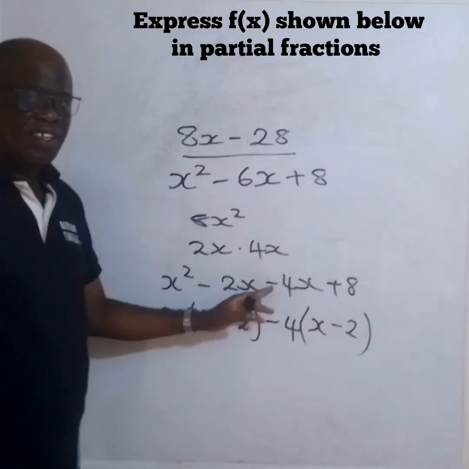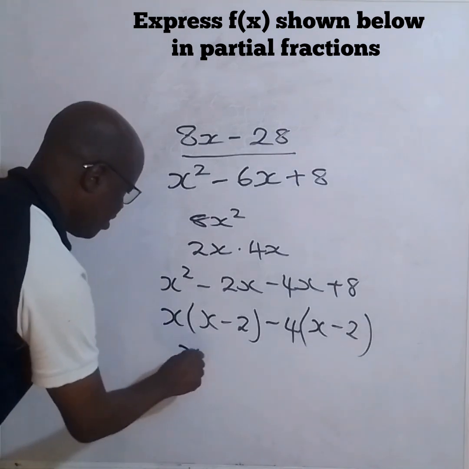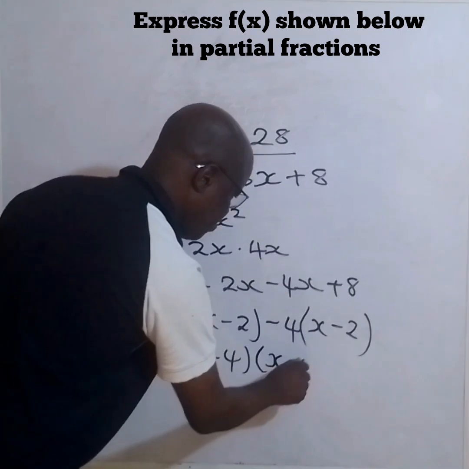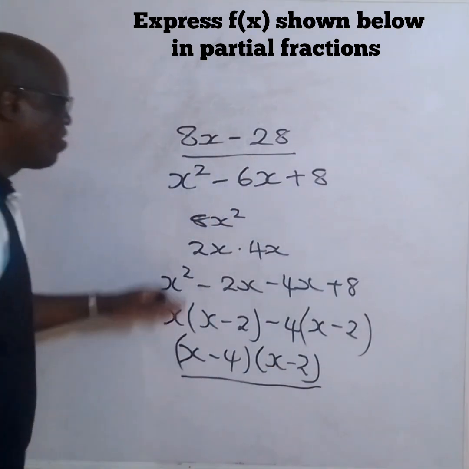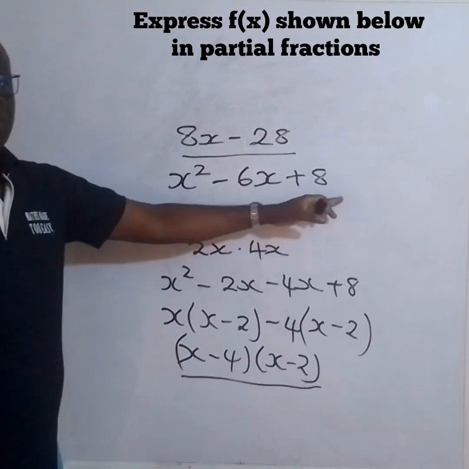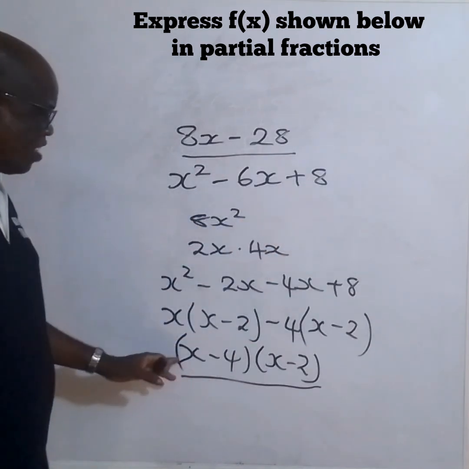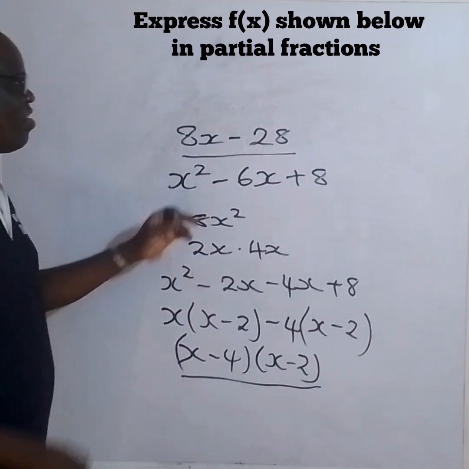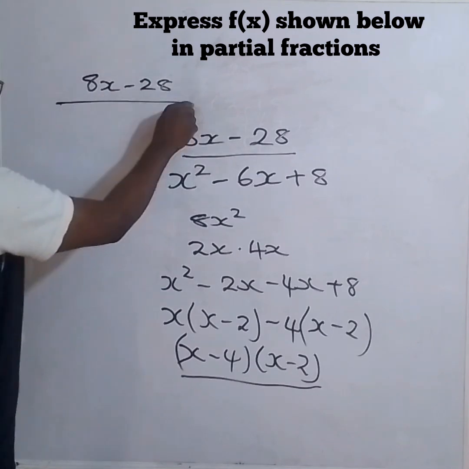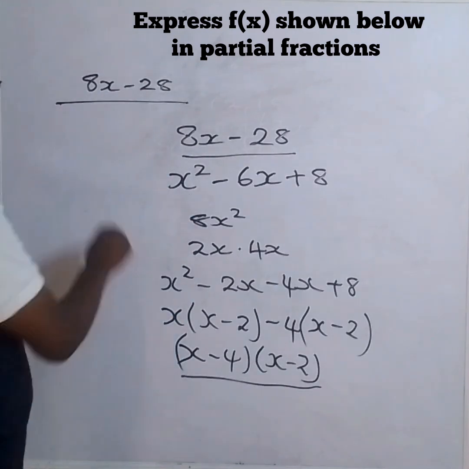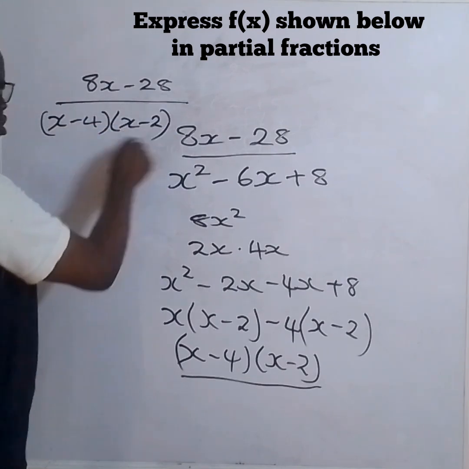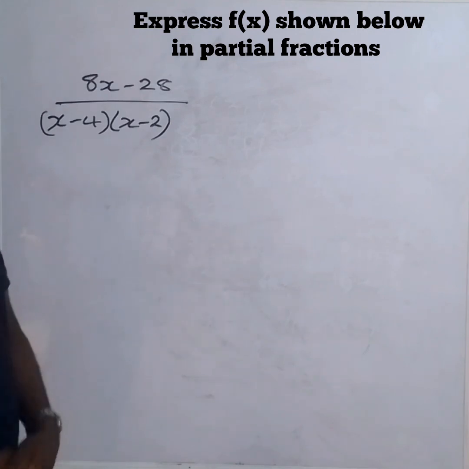So you have x minus 4, x minus 2. So this is what we have as the factors of this algebraic expression. So we now take this and replace it here. So instead of writing this, we write this. This is what we now have.